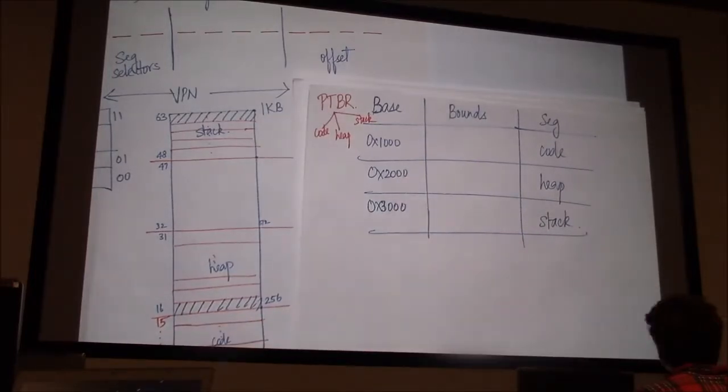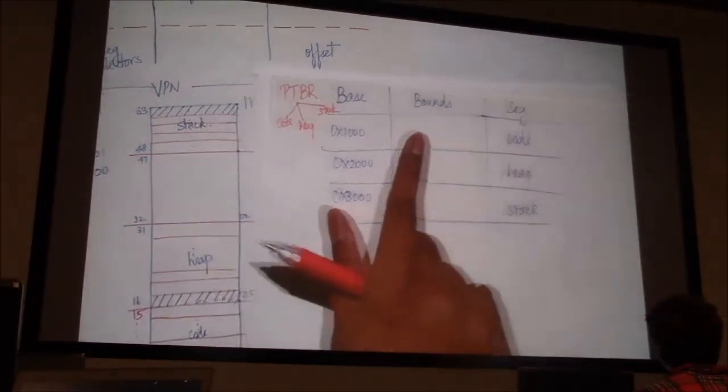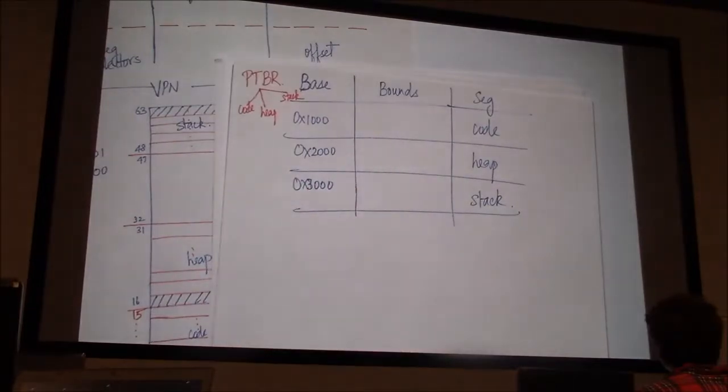If these are the locations, now the bounds value here, in this hybrid scheme, is not going to be the maximum. What was the bounds that we saw there? The bounds was the maximum size of valid addresses that this particular process can access, in code, stack, and heap.